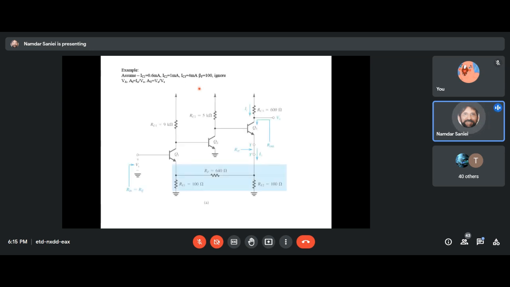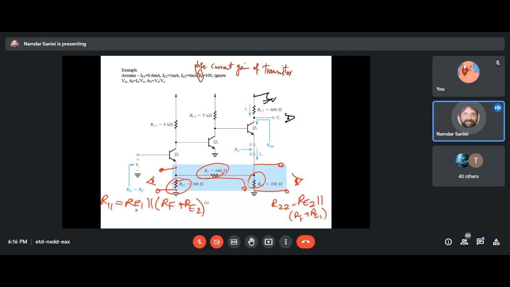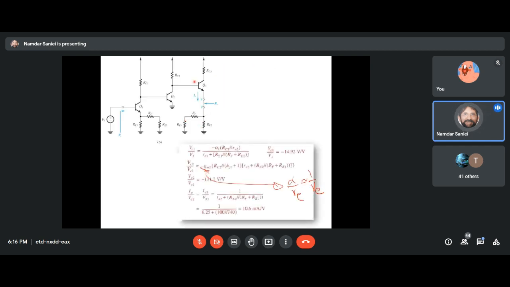We went through a couple of examples, at least one maybe, and in this case we practically determined the feedback network, and we had to calculate the R11 and R22, and then we had to incorporate those into the amplifier.